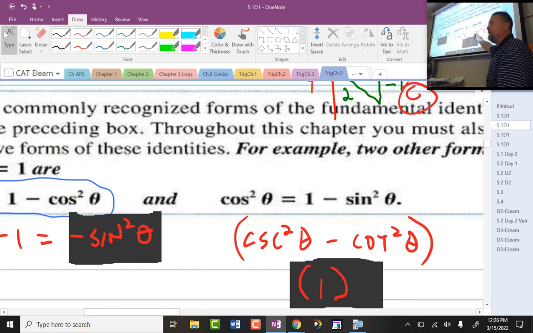If you see this, you get to replace that with the number 1. It's mind blowing. And that's what this whole chapter is going to be about. The whole chapter is just substitution. When something equals something else, you get to substitute. So if you see this in a trigonometric expression, you instantly get to replace it with that because it's true.